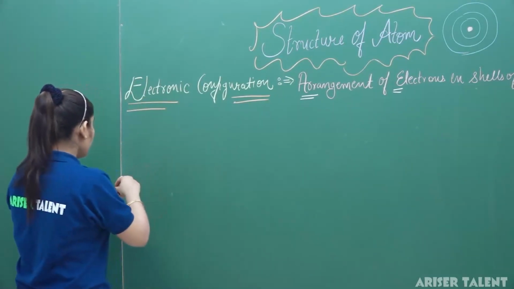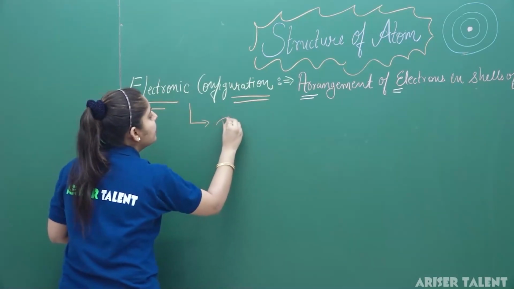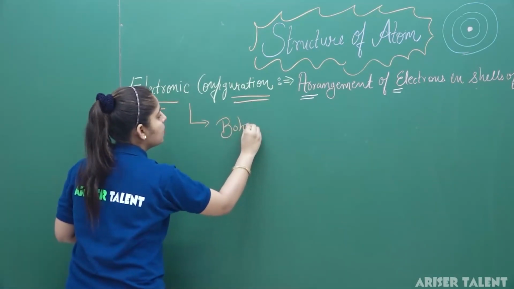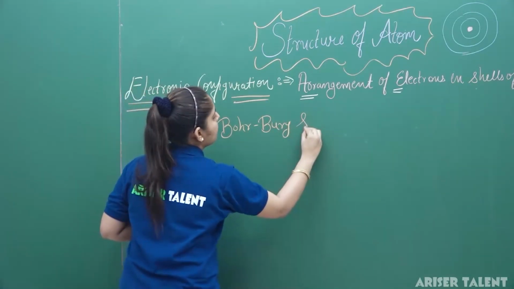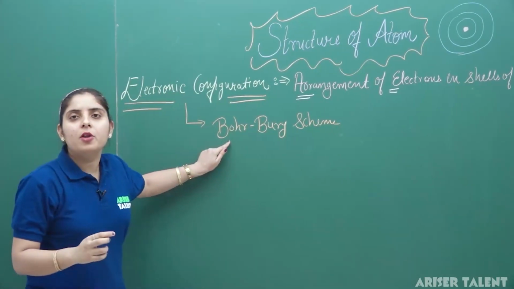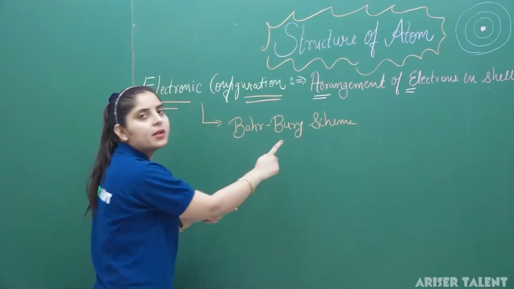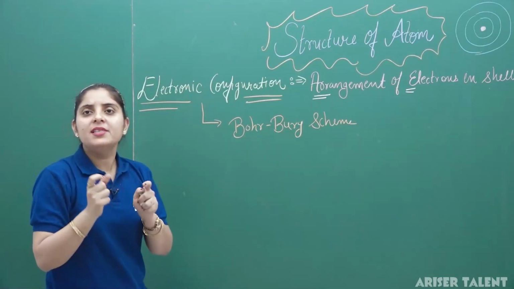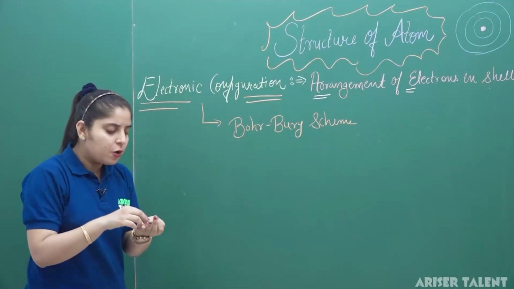So electronic configuration can be written according to the Bohr-Bury scheme. The final model of atom was adopted as the Bohr atomic model and his co-worker Bury. So the Bohr-Bury scheme is basically a scheme for writing the electronic configuration of an element.